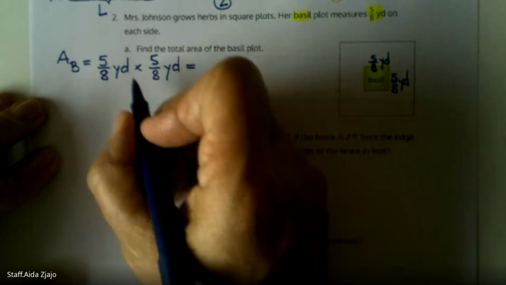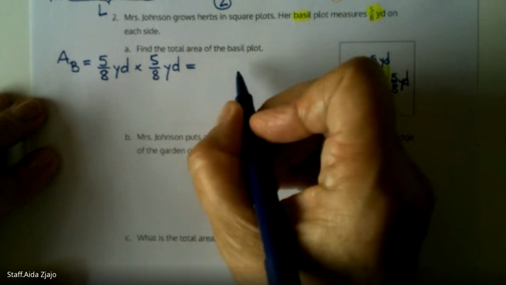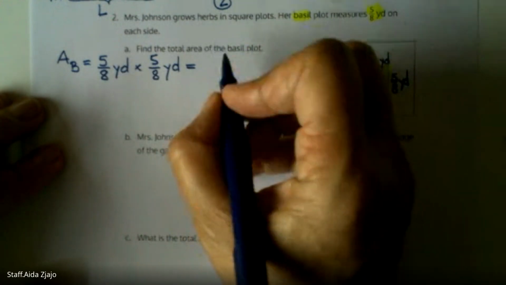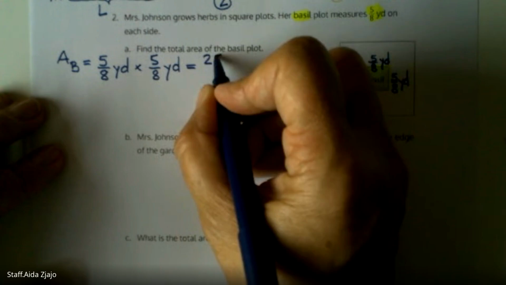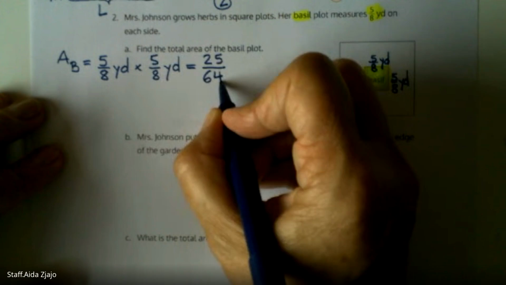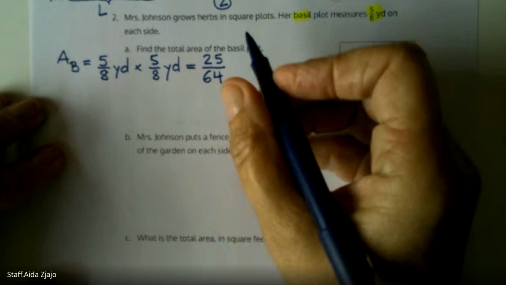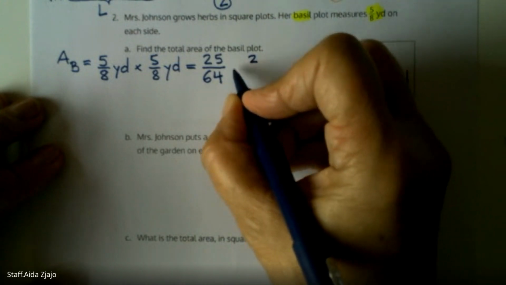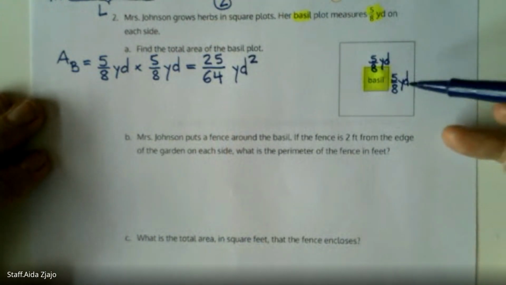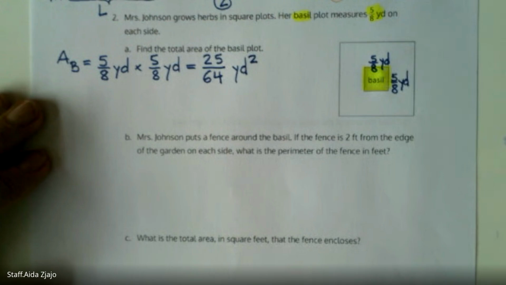Yard times yard is a square yard, and 5 times 5 is 25, 8 times 8 is 64. So it is 25/64 square yards. That is this part here that I colored yellow.